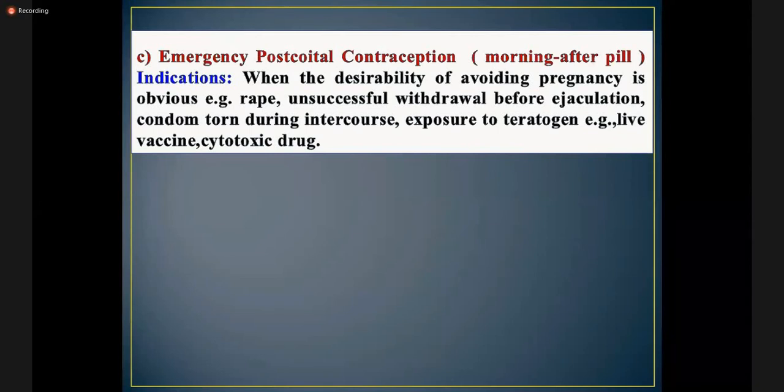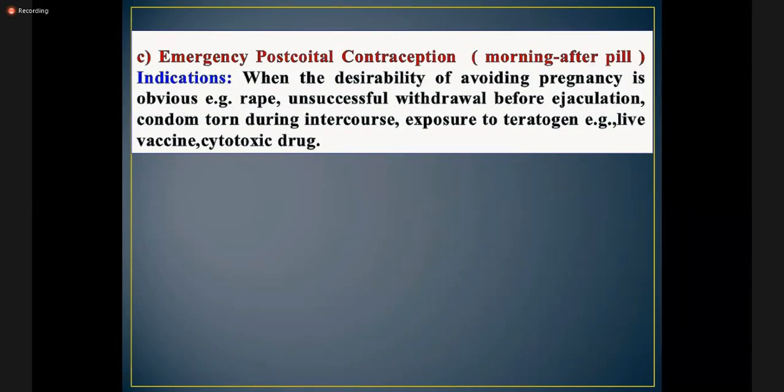Or the combination of mifepristone along with the prostaglandin misoprostol, with the dose of misoprostol being 400 microgram. This is a one-dose preparation, right? Or we can use a progestin-only pill like norgestrel 1.5 milligram, which again can be given as a single dose.